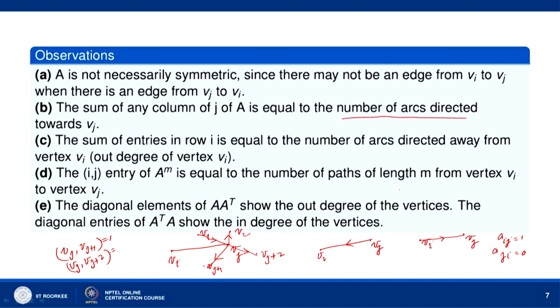We are taking column j. So, b1j, b2j, that we have to consider, okay. We are talking about the jth column, so we have to see what b1bj is. Since the direction is from bj to b1, b1bj equals 0.